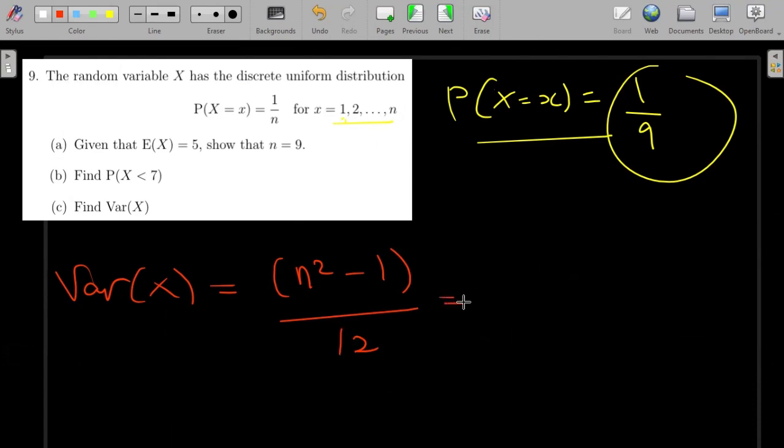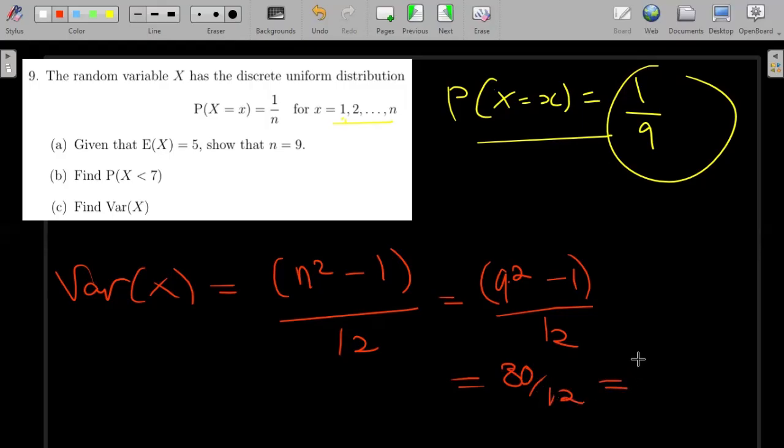Since we've shown that n is 9, this is 9 squared minus 1, divided by 12. So it will be 81 minus 1, which is 80 over 12, which is the same as 20 over 3. You can find it as a decimal if you want, but this will be the variance.